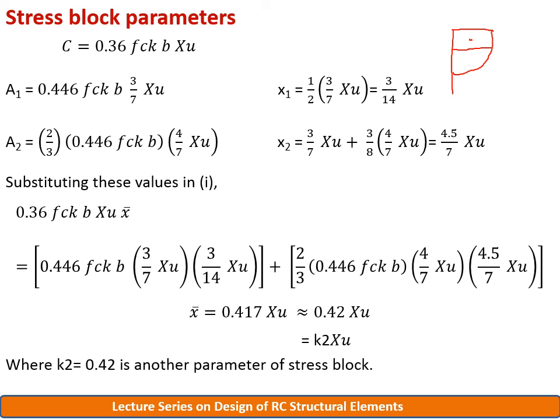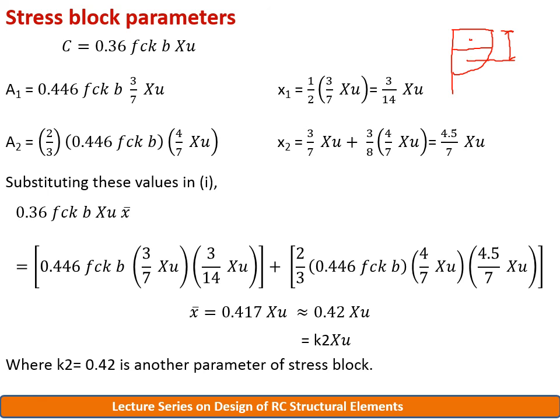And x2 is the distance of the centroid of the parabolic portion from the topmost compressive fiber. It is 3/7 of XU plus this distance, that is 3/8 of 4/7 of XU. We get 4.5 divided by 7 XU.